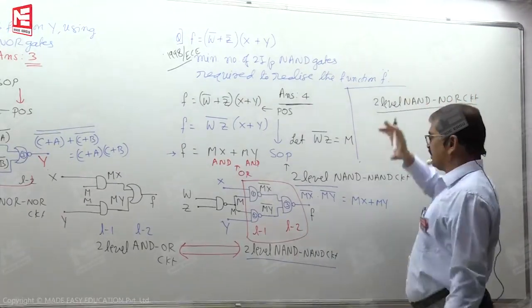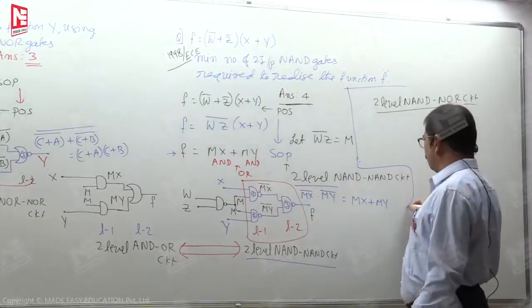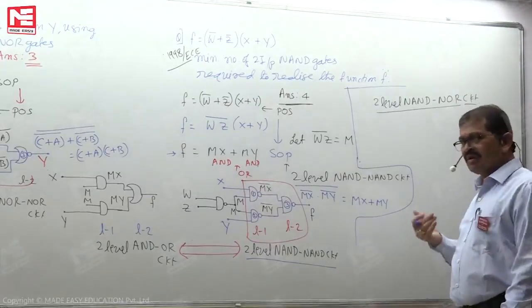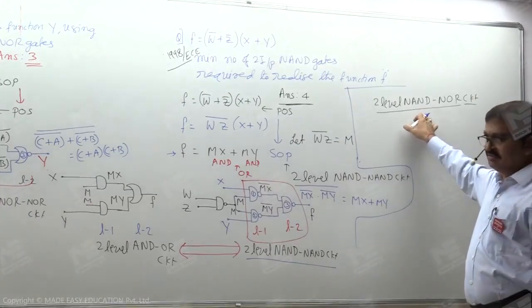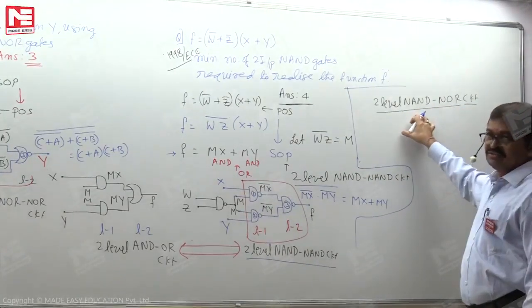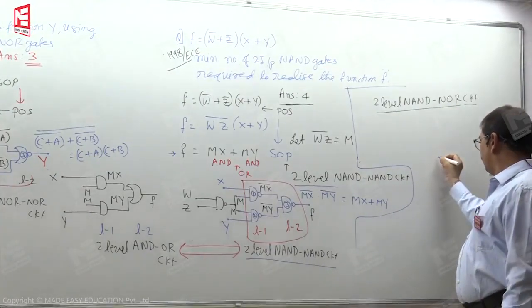It could be a question in the exam paper or in an interview. The work you need to do is, at level 1 we use NAND gates, at level 2 a single NOR gate. It is a simple circuit you need to make.